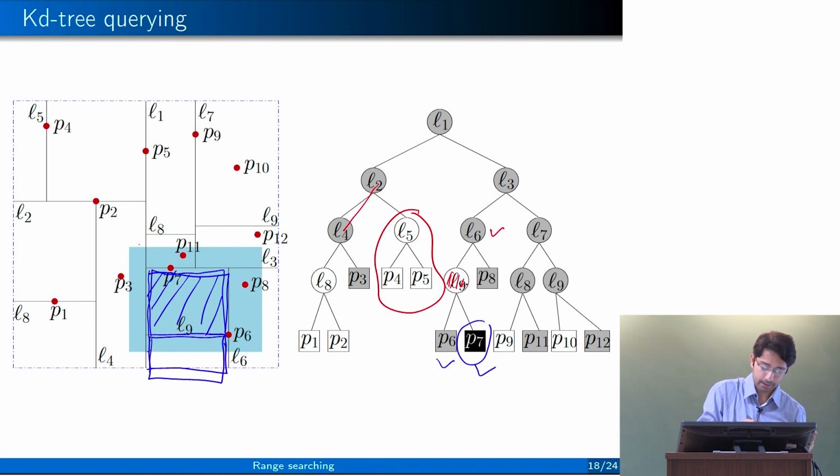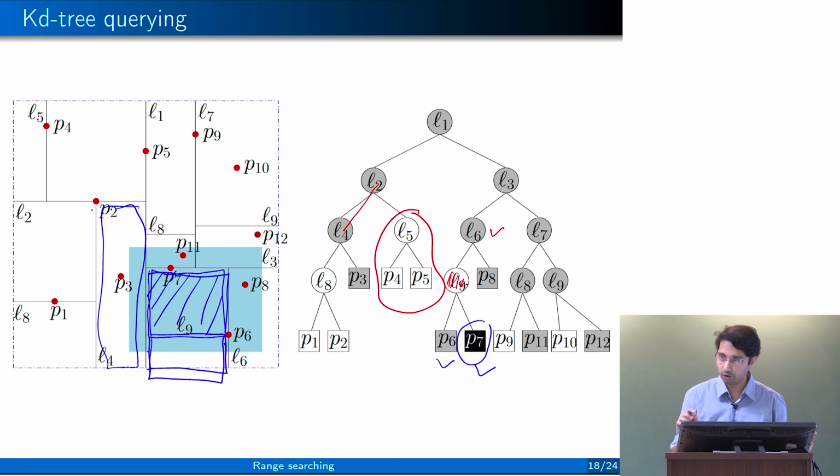P3 is this node, right? Does the query rectangle contain this node? No, it intersects, but does not contain. Grey nodes will go inside.